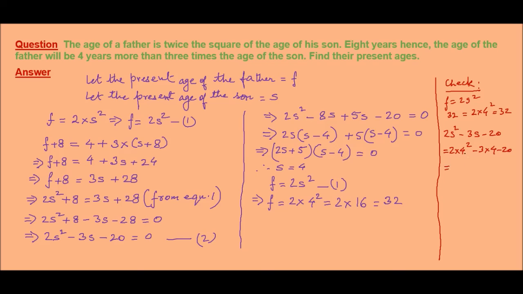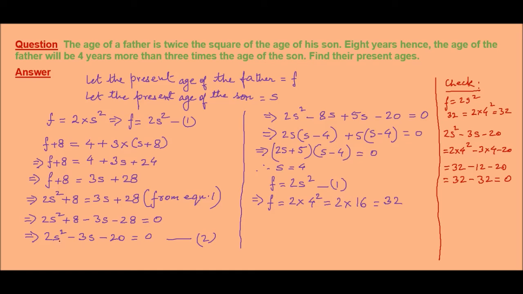So this is equal to 4 square is 16 times 2 is 32, 3 times 4 is 12 and negative 20. So it is 32 minus 32, which is indeed equal to 0. So we see that the value of 4 satisfies this quadratic equation.